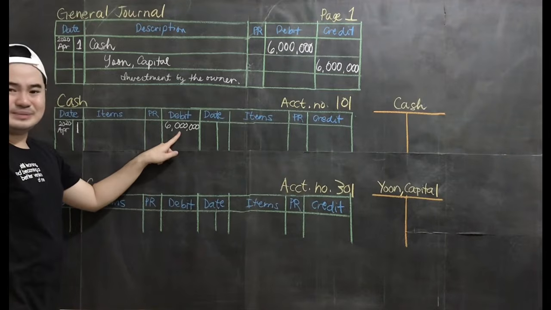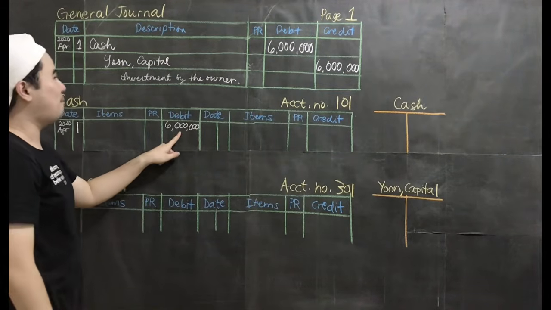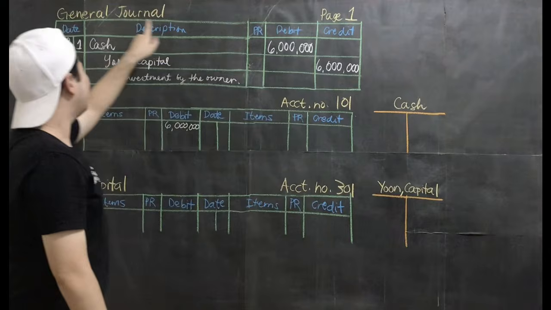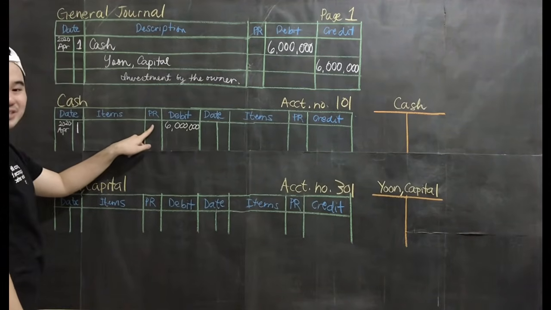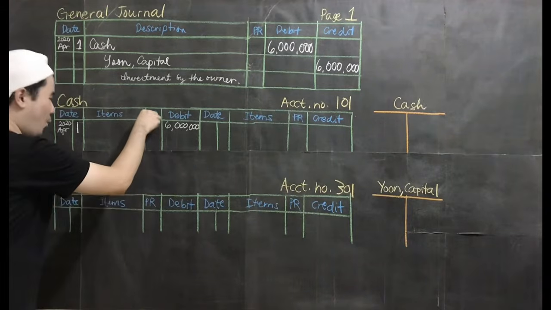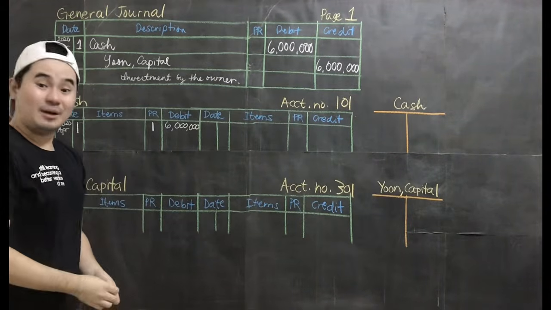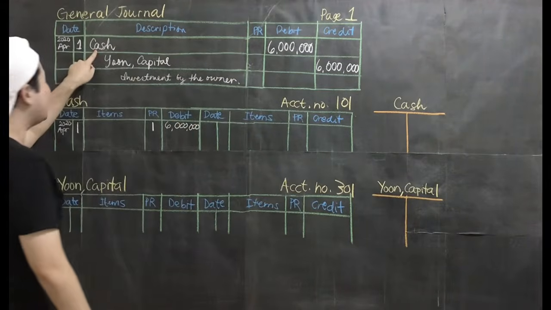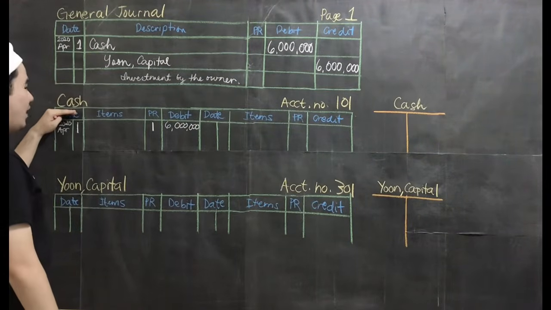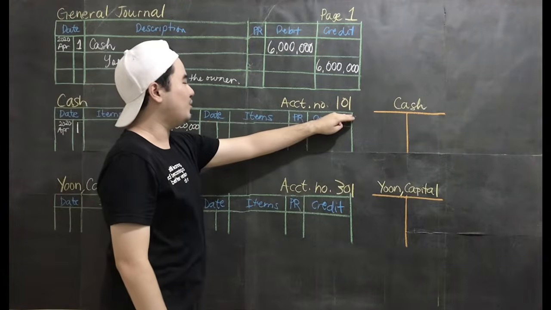Saan galing tong 6 million? Sa page 1 ng General Journal. Kaya ang ilalagay ko dito, posting reference, page 1. Tapos, ito, na-post ko na sa cash account. Ang cash account ay account number 101.